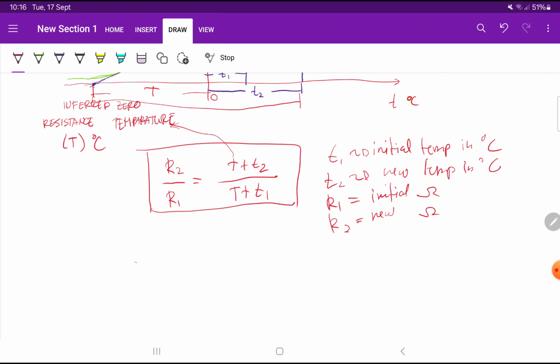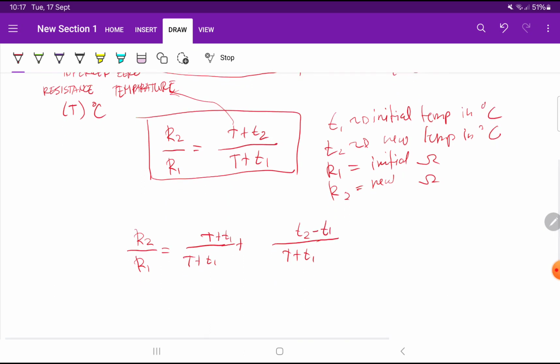Now, there's another one. If we try to manipulate this equation further, I can do partial fractions. I divide T all over T plus T1, then add that with T2 all over T plus T1. Now, if I add T1 on the left side, I change the equation, so to compensate, I need to subtract another T1 on the right side.